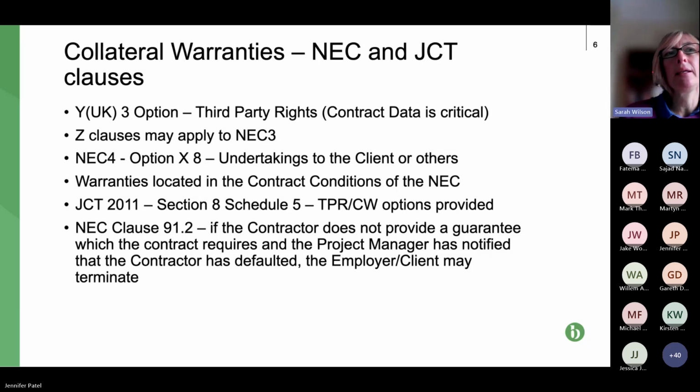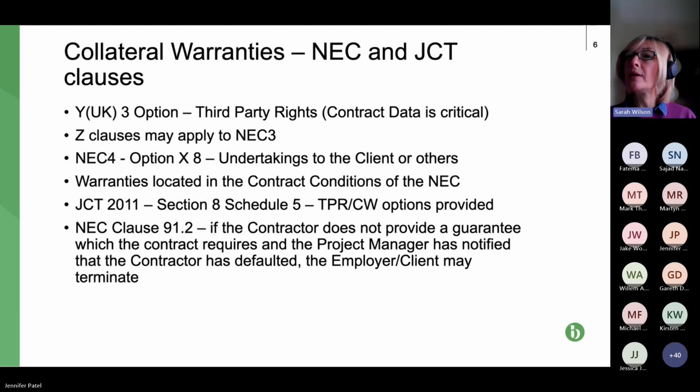Well, under NEC, clause 91.2 applies. So if you're familiar with NEC, you'll know that the clause 90s are all to do with terminations.